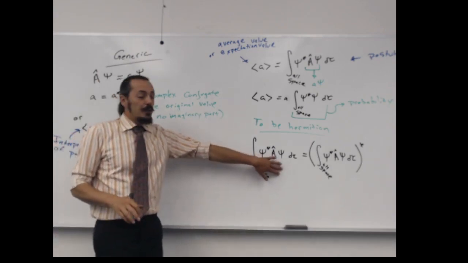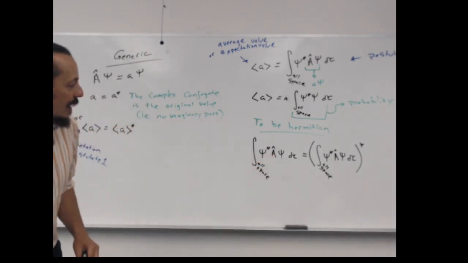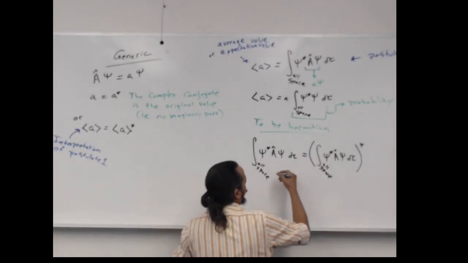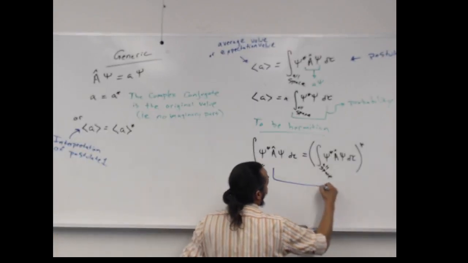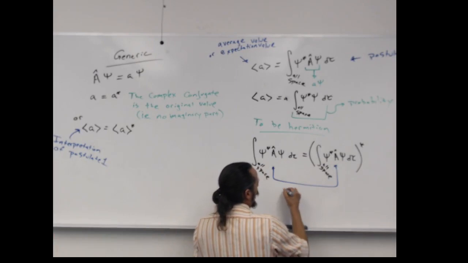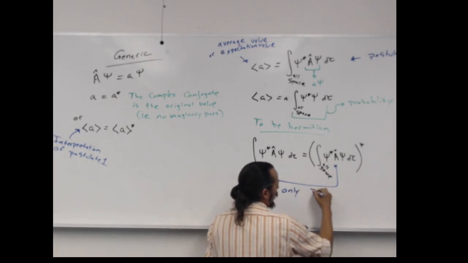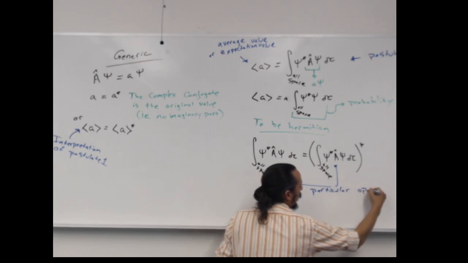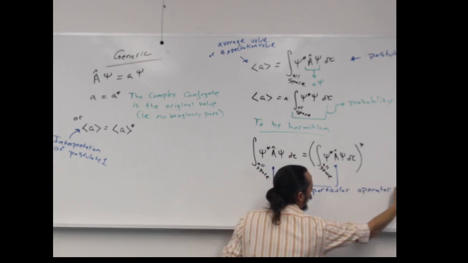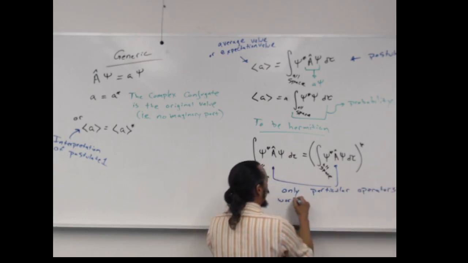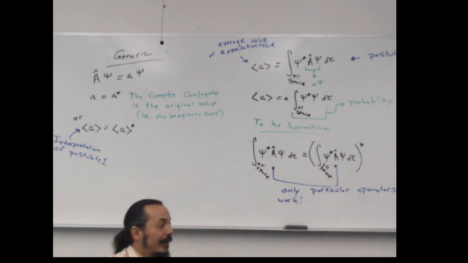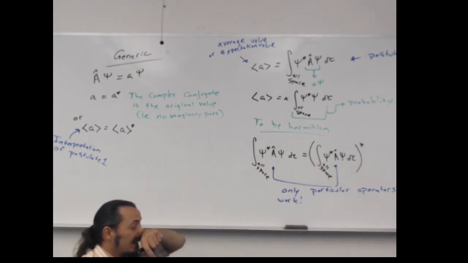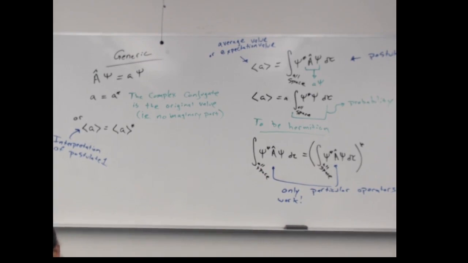And an operator, so this whole thing is, let's see, how can you do this? Let's see this. Right? So the idea here is, for this thing to be true, for this back and forth to be true, only particular operators are going to work.